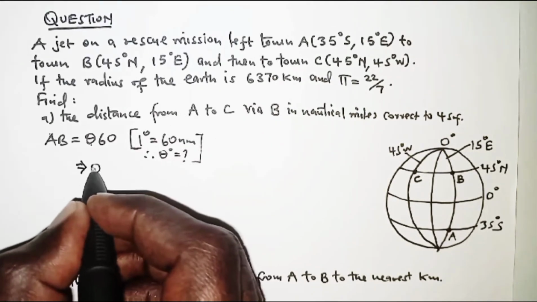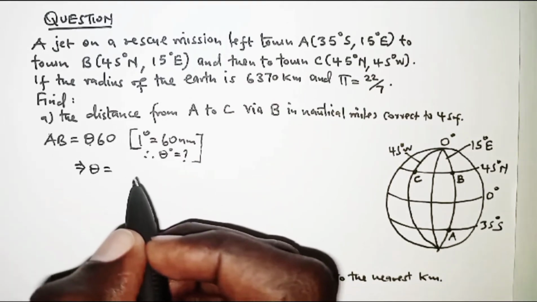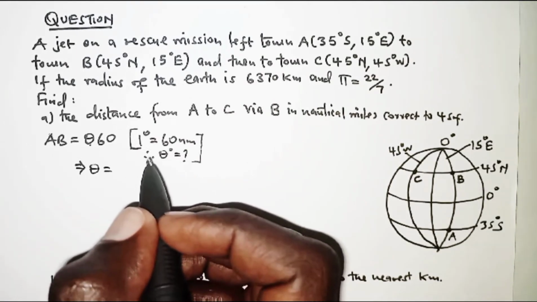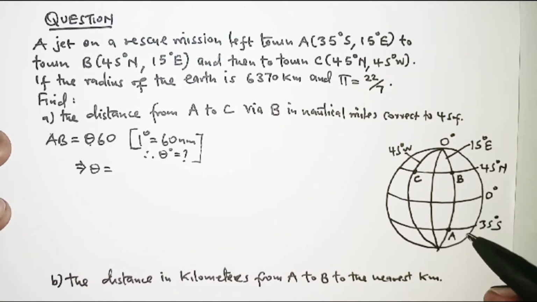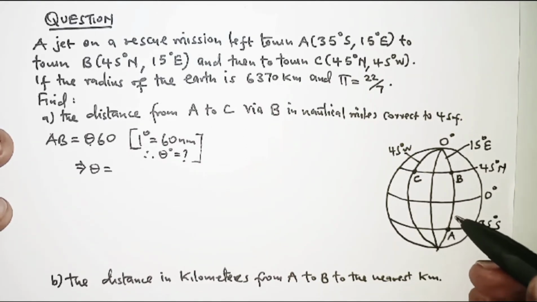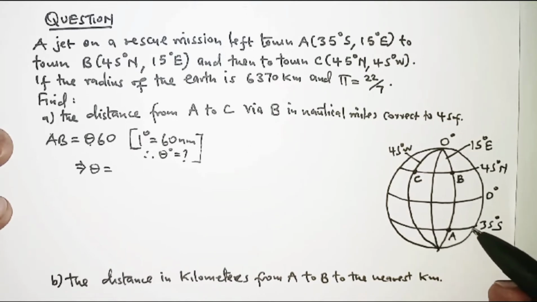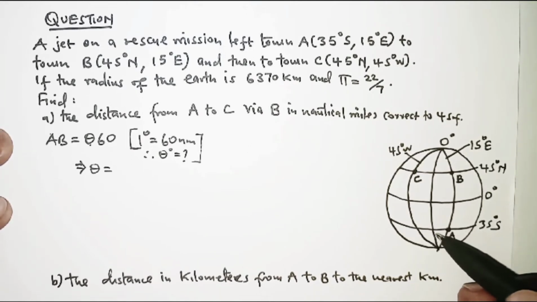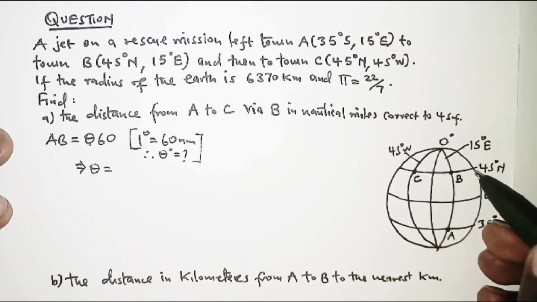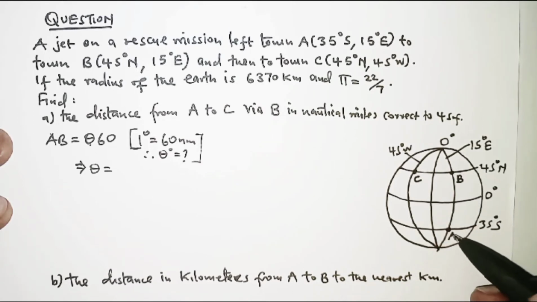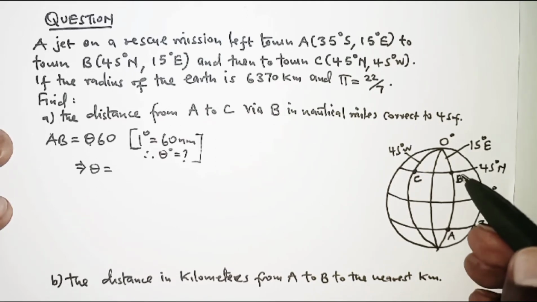That implies that theta is equal to the angle difference between the latitudes. Remember, when you're moving from point A to B, it is the latitudes that are changing. So we are moving from latitude 35 degrees south to latitude 45 degrees north. From 35 degrees south of the equator to the equator, that is 35, and then from the equator to latitude 45, that is 45 degrees.